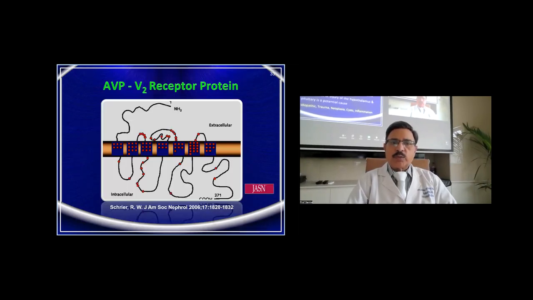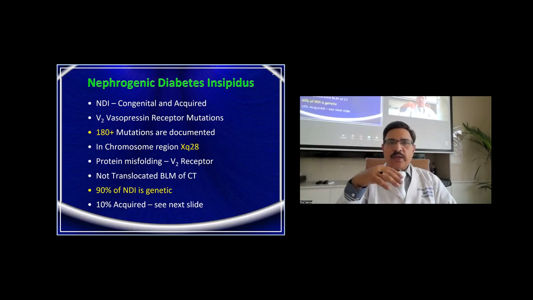This is the vasopressin receptor. Misfolding of the protein, V2 receptor mutation, is a common cause. Nephrogenic is usually congenital, unlike the other one, where it is mostly acquired.